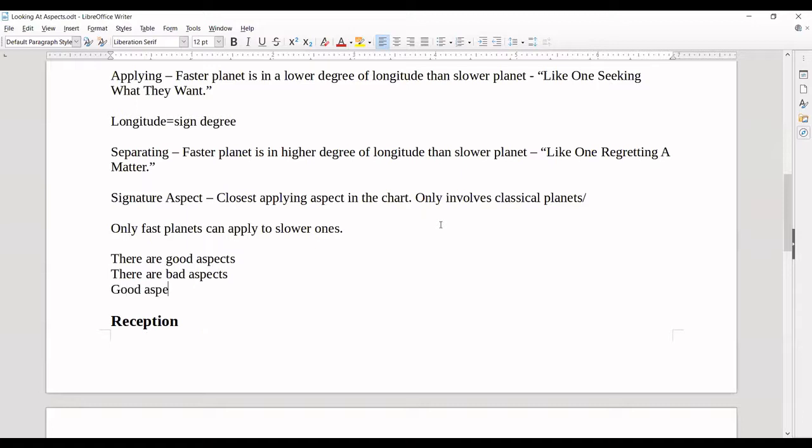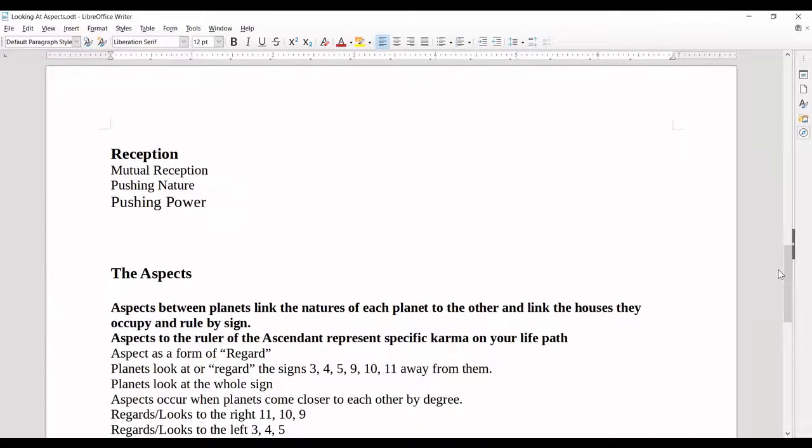Good aspects can be made bad, and bad aspects can be made good. Maybe except for the opposition. I don't think the opposition can really, yeah, like I said, anything can work in a natal chart, except for the opposition. Everybody's so worried about their squares, but if you can understand this issue around reception, then you'll understand that not all squares are bad squares.